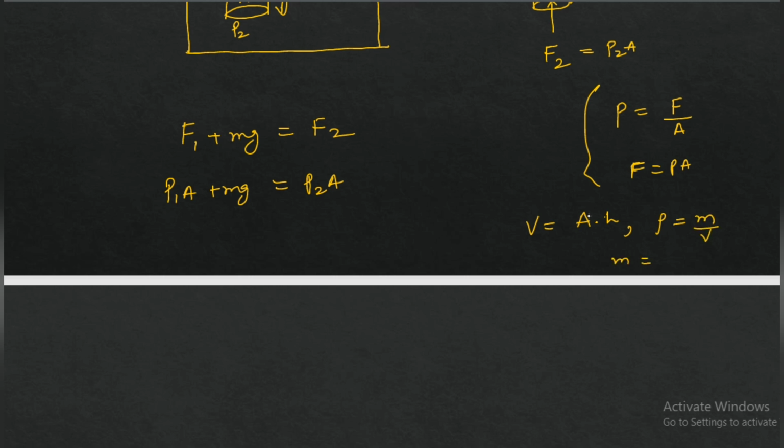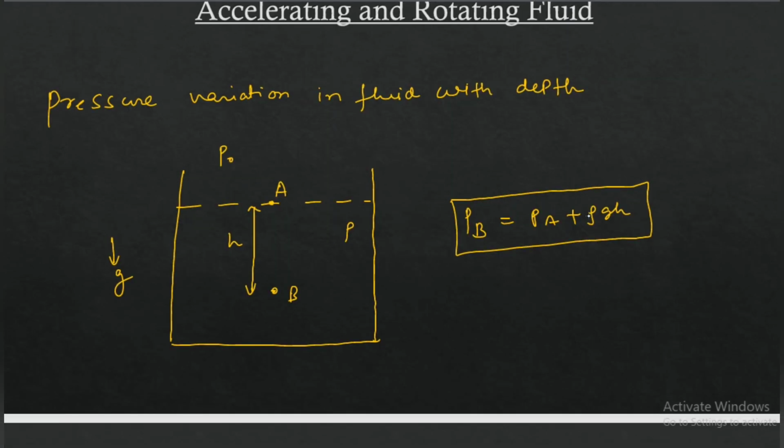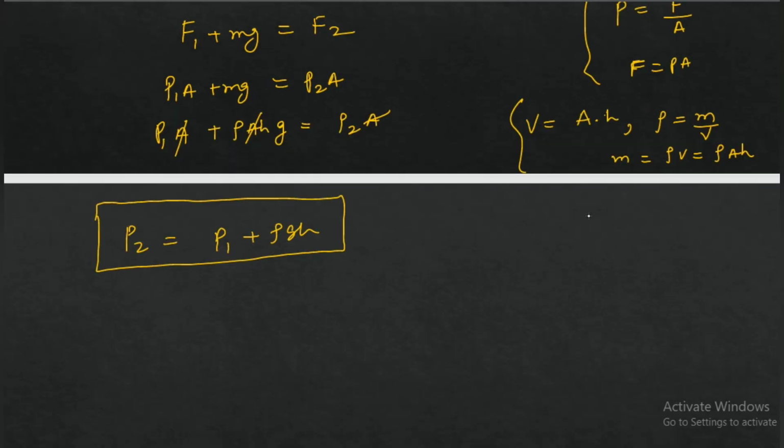So mass is rho times V, that is rho times A h. If we put mass equal to rho A h, we get P1 A plus rho A h g equals P2 A. A cancels out, and we get P2 equal to P1 plus rho g h. So we have derived this equation, right? Here I have taken points A and B, but in the derivation A is P1 and B is P2. It is the same thing.